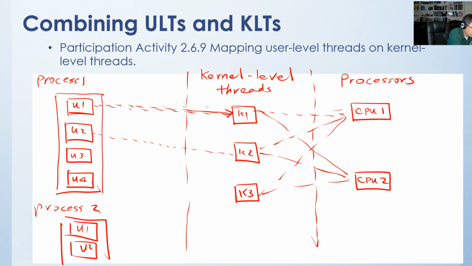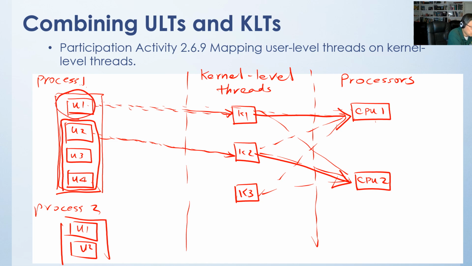For the remaining three threads, I share one kernel level thread. When you switch back and forth, you can assign K1 to CPU 1 and K2 to CPU 2, so CPU 1 runs process 1's user level thread 1, and CPU 2 executes the remaining threads in process 1.